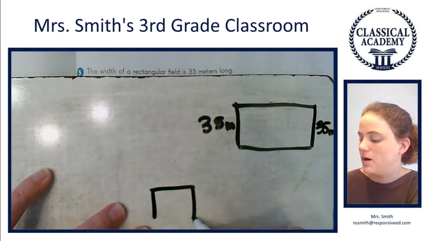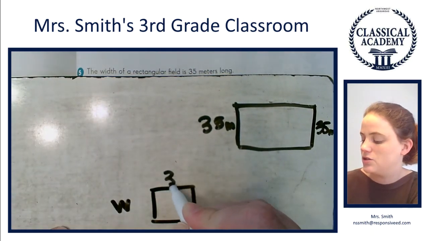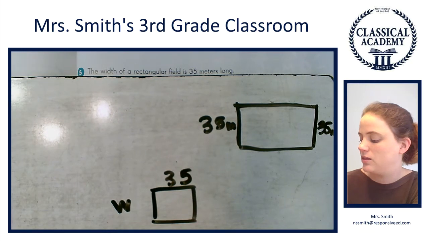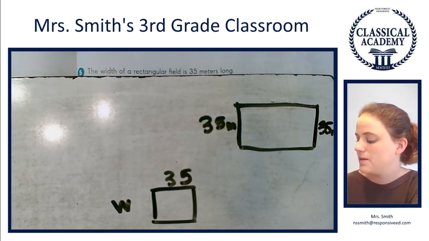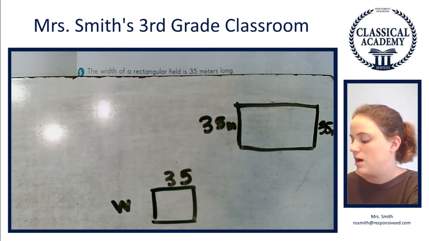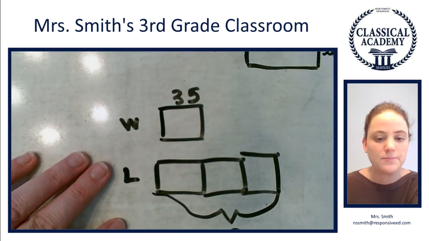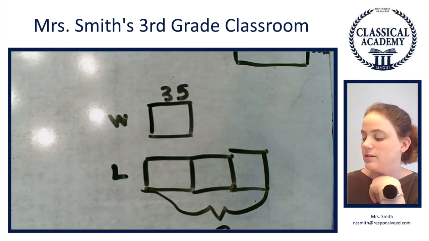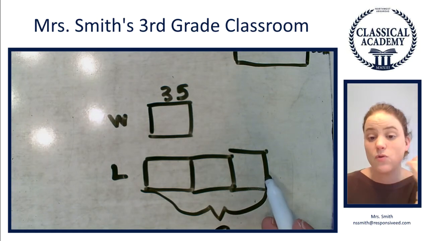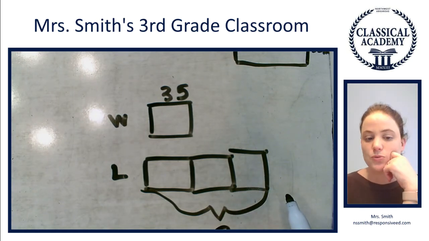If we did a bar model, if the width is 35 and the length is 3 times as long, that would be like 35. I want to know how long is the length, right? I got to move my board up, sorry. I got to know how long is the length. So 35 plus 35 plus 35, or 35 times 3.